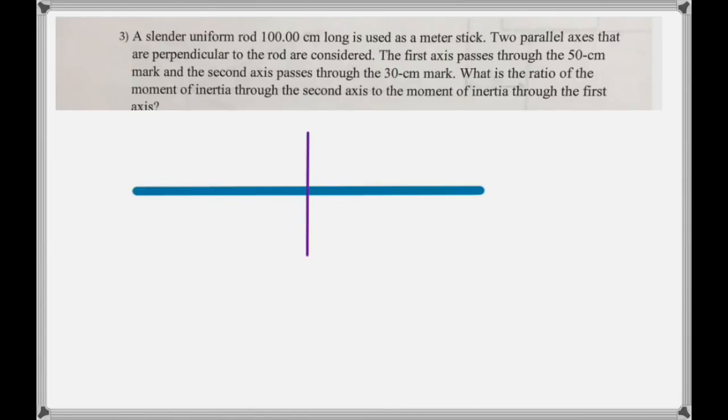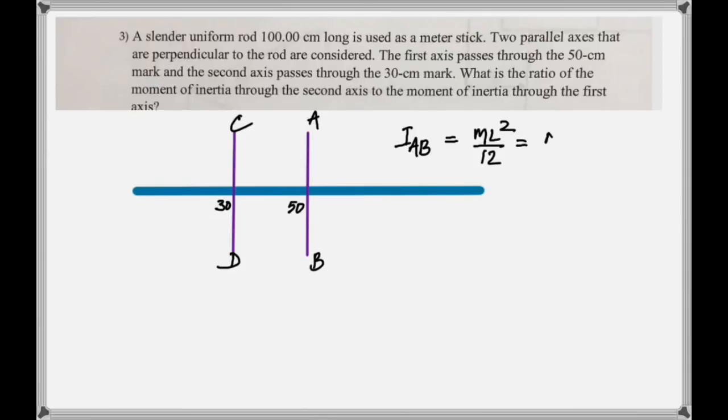Here is the diagram. This is the axis that passes through the 50 centimeter, and then we have the axis that passes through the 30 centimeter. So we'll call them AB and CD. And according to the parallel axis theorem, ICD can be found out if we know IAB.